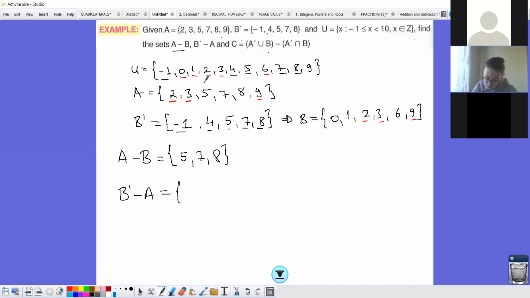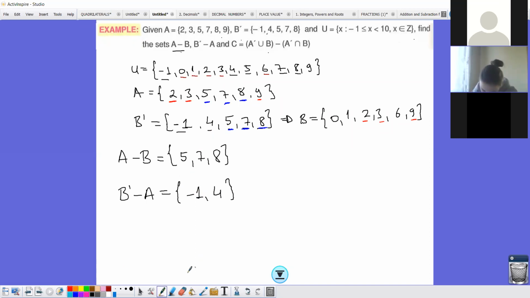What about B prime difference A? It will be -1 and 4. Let's check which ones are common in B prime and A: 5, 7, and 8. Now we are taking out from B prime, so -1 and 4 will be the elements left.